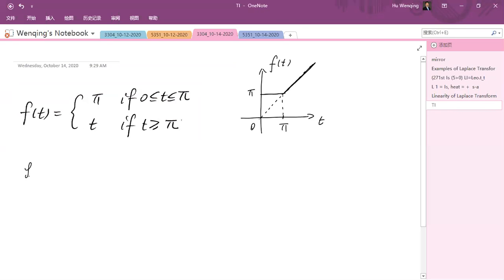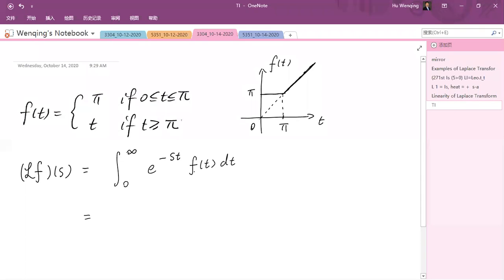Can you consider the Laplace transform of f, or F of s? Well, the Laplace transform of f is going to be the integral from 0 to infinity of e to the minus s t multiplied by f of t dt. Now, the function is piecewise, which means that the integral is also piecewise.